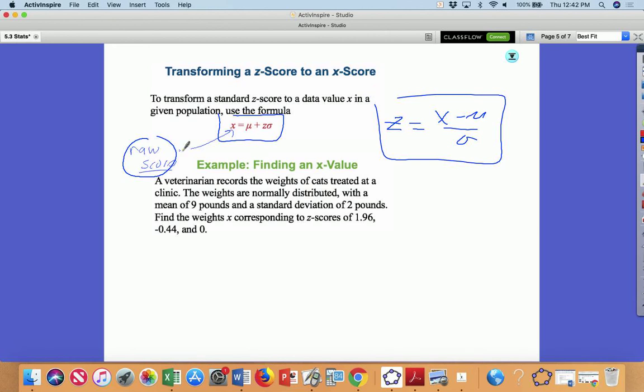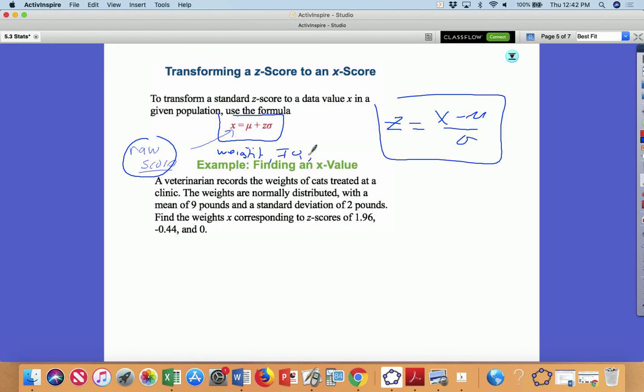So if you're asked to find a raw score, that might be a weight, a height, a distance, an IQ, but it's just a value that has context with the problem. It's not the z-score, but it's maybe a raw score.